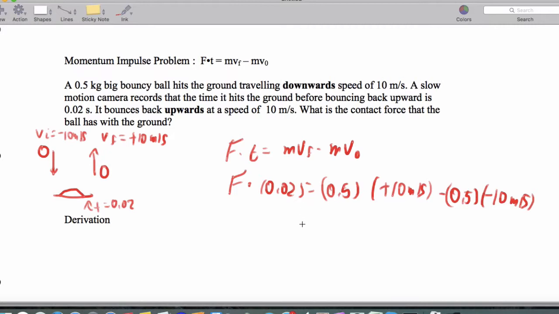And so we end up getting 0.5 times 10 plus 0.5 times 10. And when we solve, we end up getting 10 newtons worth of force. It's a typical impulse momentum problem.